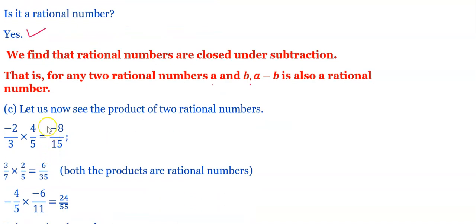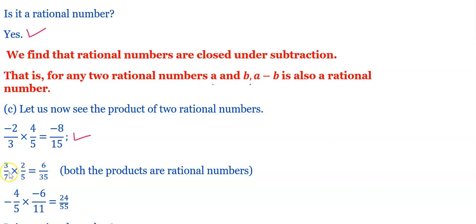Now let us see the product of two rational numbers. -2/3 into 4/5, we cannot simplify this, therefore we multiply numerator and denominator. -2 into 4 is -8, 3 into 5 is 15. Their product is a rational number.